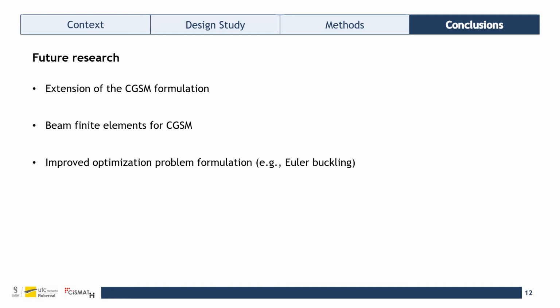Third is the enrichment of the optimization formulation, for instance by including Euler buckling of the structural members. And last but not least is the direct coupling of the CGSM with numerical optimization of the structure.